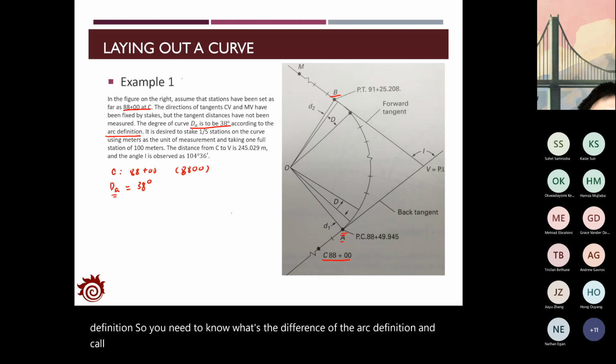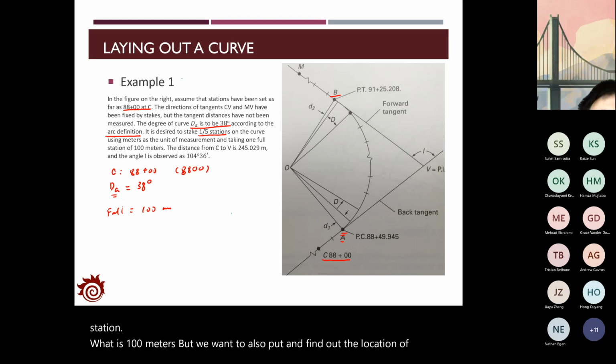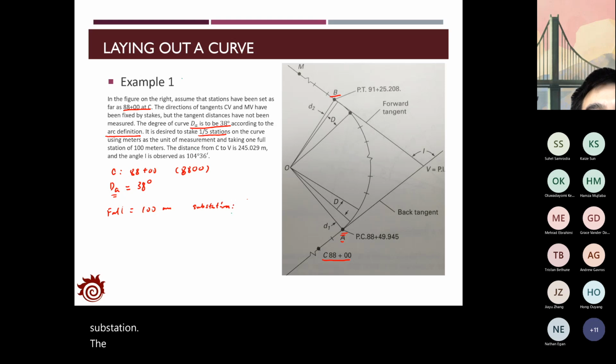Each full station is 100 meters, but we also want to find out the location of substations at one-fifth of the full station length. So for the substation, the interval is 1/5 of 100 meters, that is 20 meters. That's another requirement.